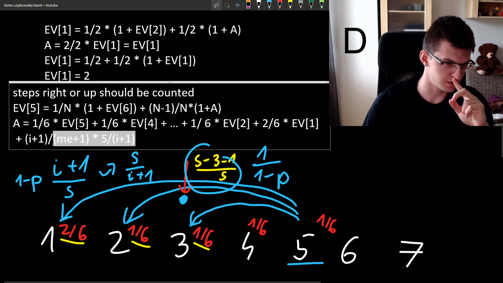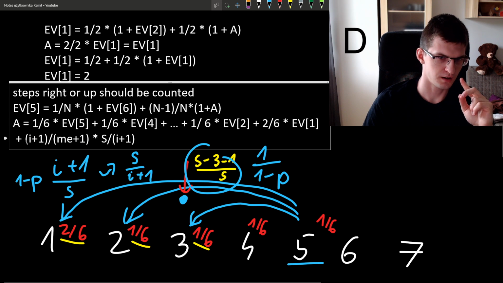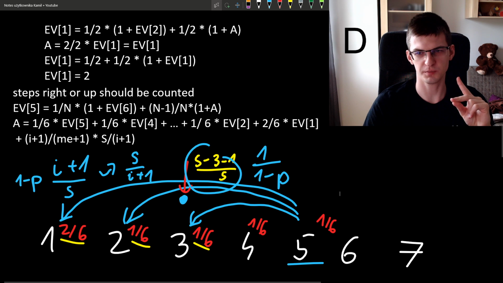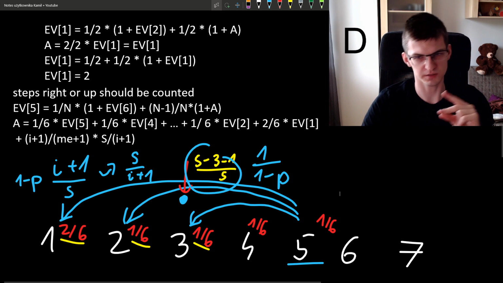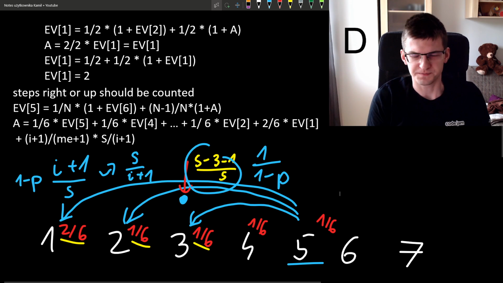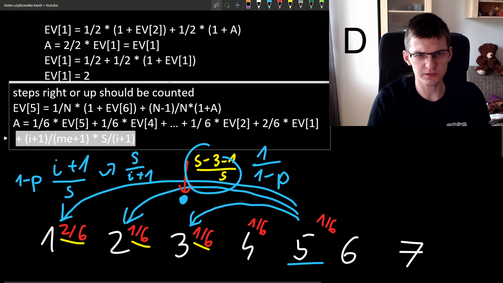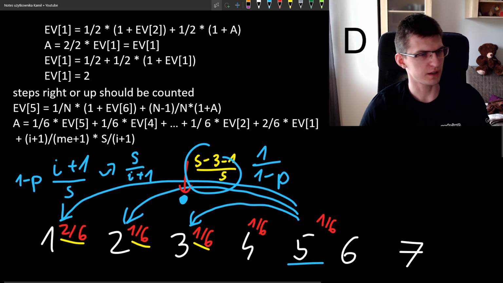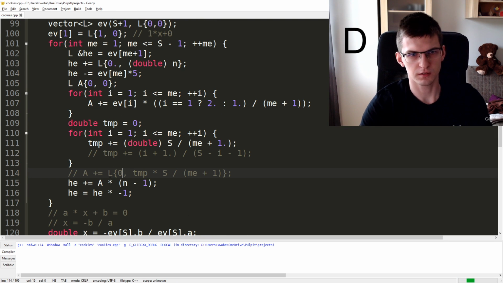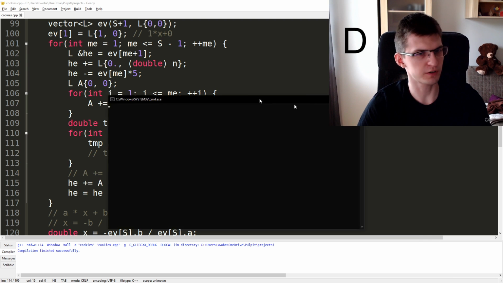So, let's also make sure that this gives us nothing. Because for 6,1 no time is wasted. Let's remember that. Maybe something is wrong with this formula. I bet that if I remove this part, the program should be correct.